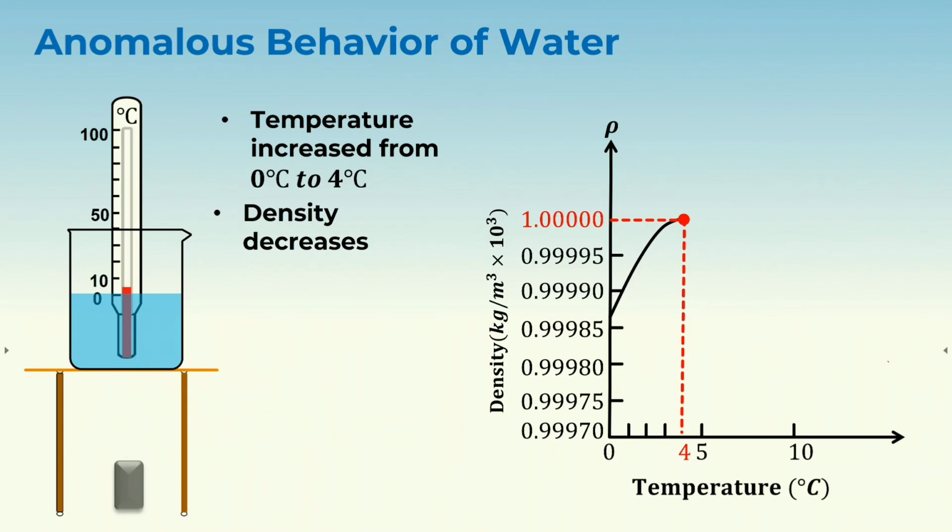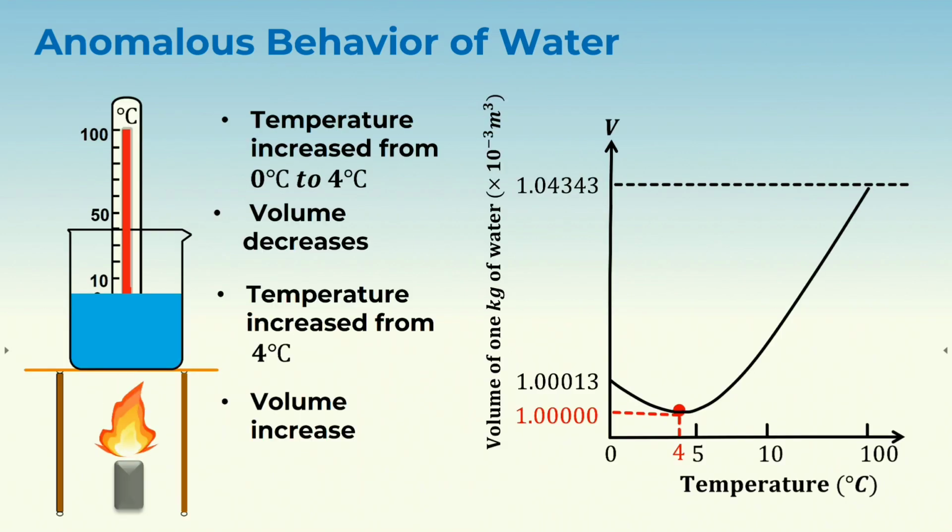The previous graph first I will draw. The previous graph was of density. Sorry, volume. This graph have you drawn? This graph is volume versus temperature for the water. Let me know if you have done it. I will go to the next slide then.